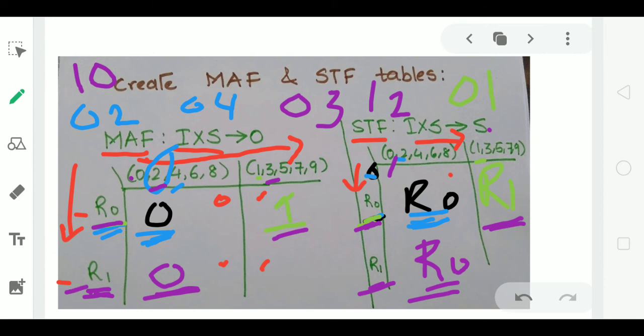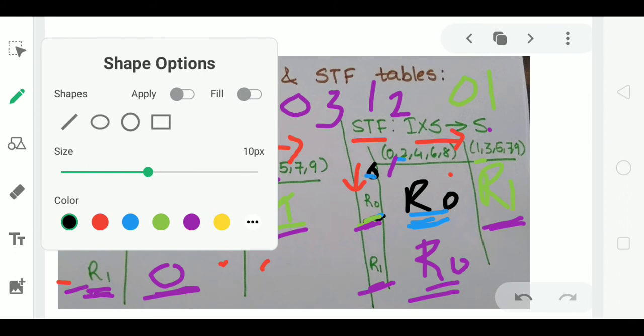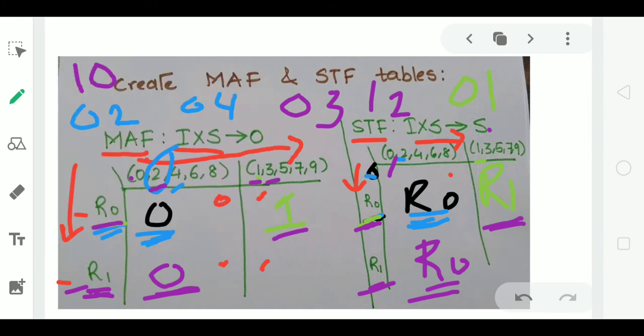Now R1 with 1. R1 means the previous value is 1 and the next bit is 3. Suppose for example we are taking 3. What will be the remainder? The remainder will be 1 and the remainder 1 state is represented by the R1 state.